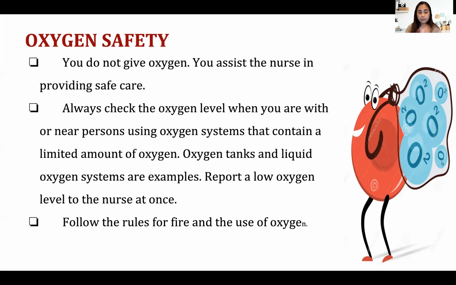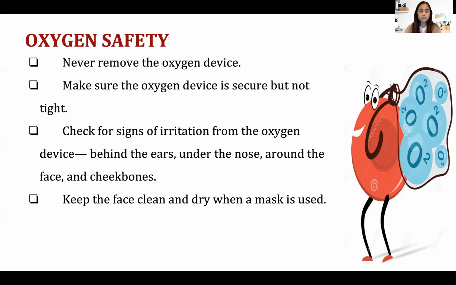Then follow the rules for fire and use of oxygen. Of course, if your patient is smoking, tell him not to smoke in the hospital, because almost all the beds have oxygen installed at the bedside. Then never remove the oxygen device. Make sure the oxygen device is secure but not tight.